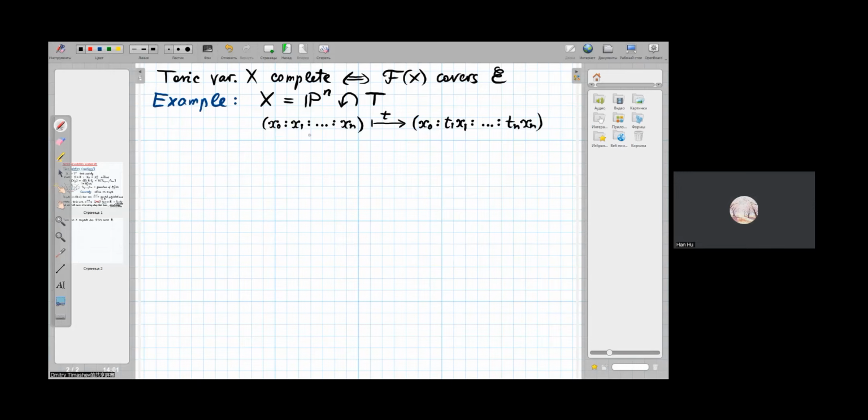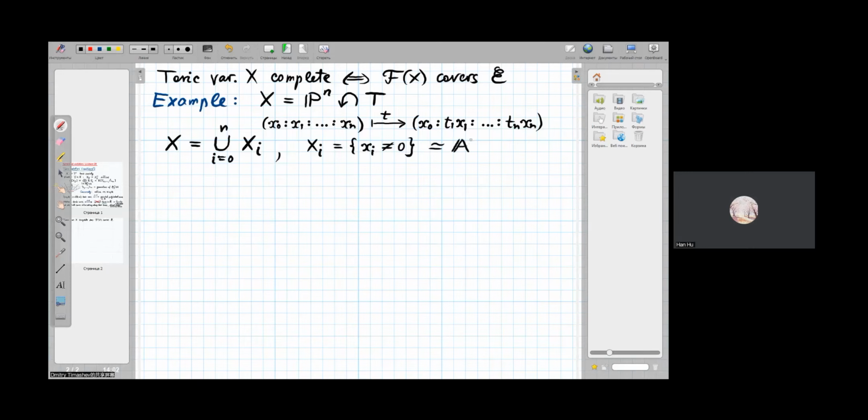So let us describe the colored fan in this case. This projective toric variety, the projective space X, is covered by n+1 open simple affine toric subvarieties, just affine charts. So X is the union of the Xi's, where each Xi is given by the inequality that the ith projective coordinate is non-zero, and it is just an affine chart.